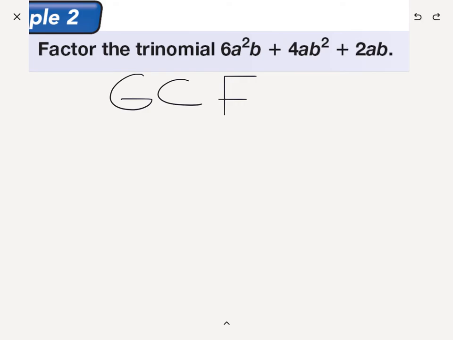They're all multiples of 2. So we could say that our greatest common factor in there is 2. And they all have at least one a variable, and they all have at least one b variable. So that makes our greatest common factor in this trinomial 2ab. So now we just want to divide each of these terms by 2ab.